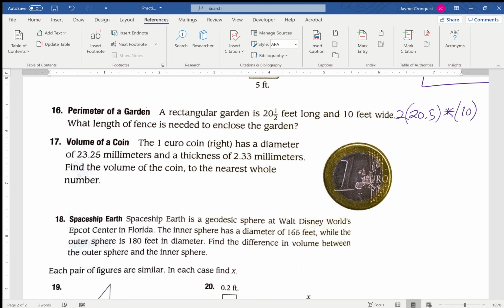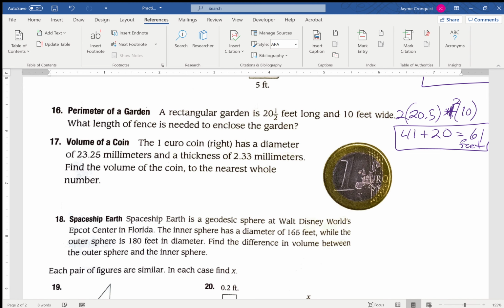No, I'm not multiplying. I was going for volume for some reason. It is 20.5 times 2 plus 2 tens. So I have 41 plus 20, or 61 feet, because fencing is just your circumference or perimeter.